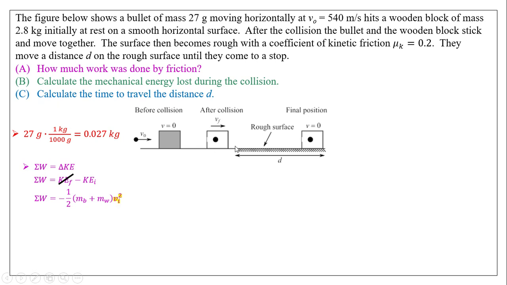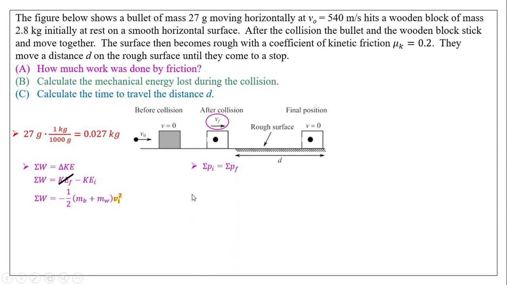Even though it says VI, it's really the VF in the diagram. The block was initially at rest and then it got struck and then it moves off with some velocity. But this velocity, which is the final velocity in the momentum step, is going to be your initial in the second segment. So while the subscripts are different, it's really the same quantity.